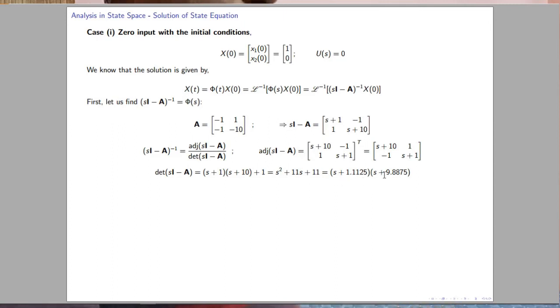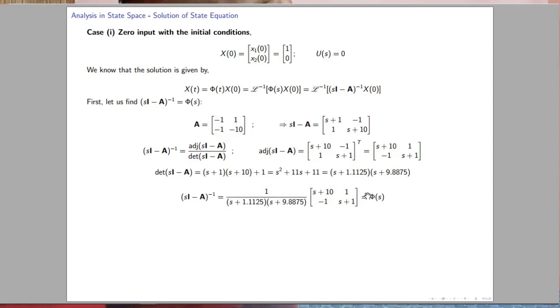Up to third order polynomials you can factor using your calculator. That is, find the roots of that equation, and using the roots you can factor this polynomial. So it has been done. Now the inverse is nothing but adjoint by determinant. Adjoint is this. This is the determinant. So we got (sI minus A) inverse, which is our phi of s.